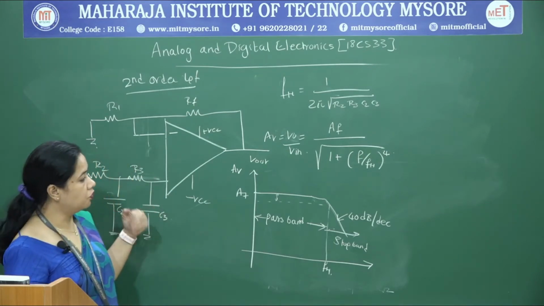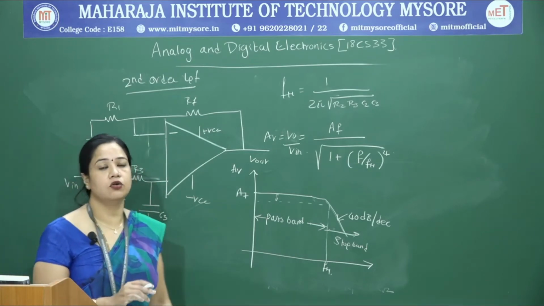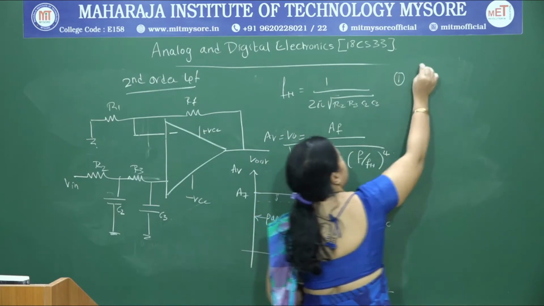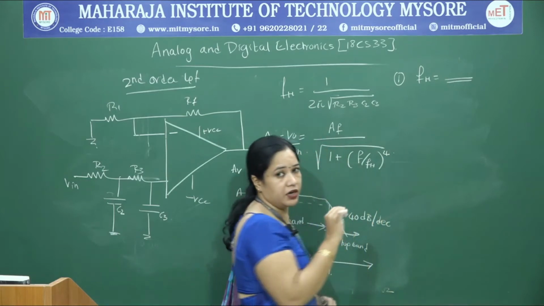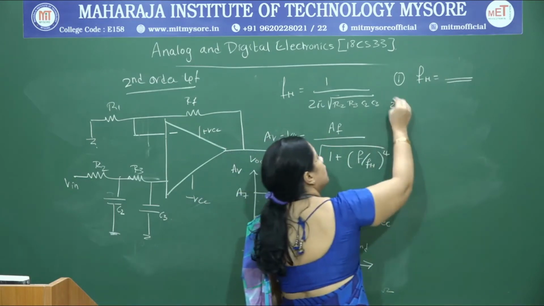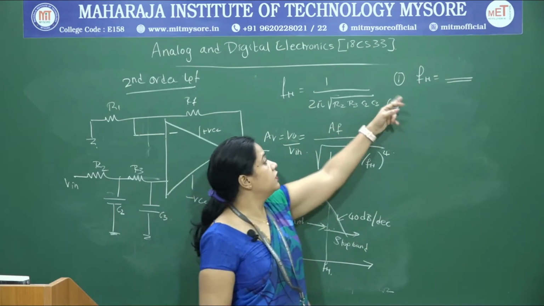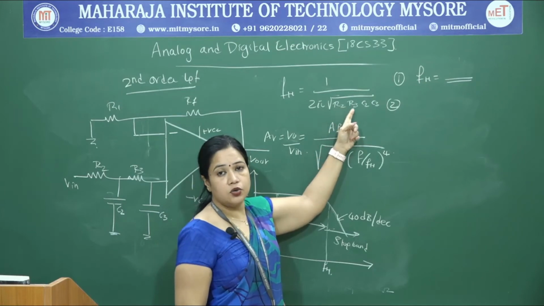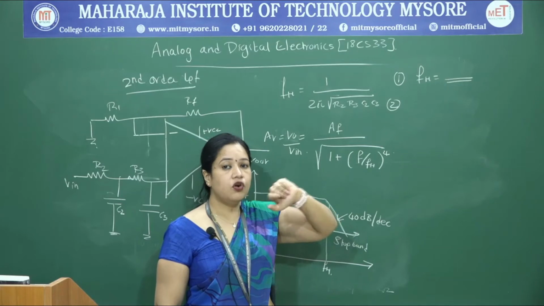Now, the design steps involved for designing a second order low pass filter. We take a suitable value of cutoff frequency as per our requirement. Given the required cutoff frequency, we are to determine R2, R3, C2, C3, so 4 unknowns.